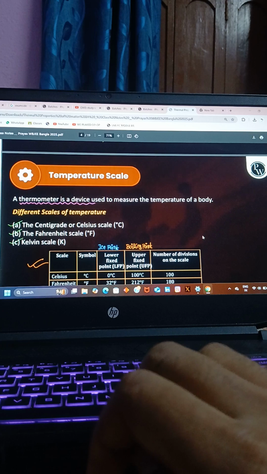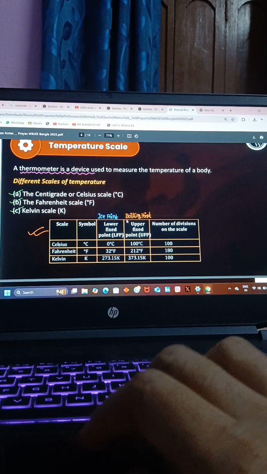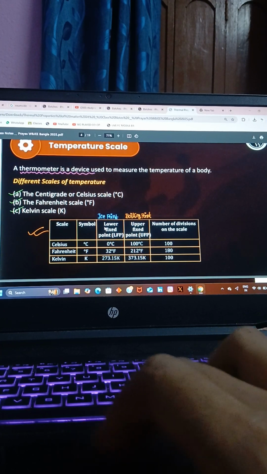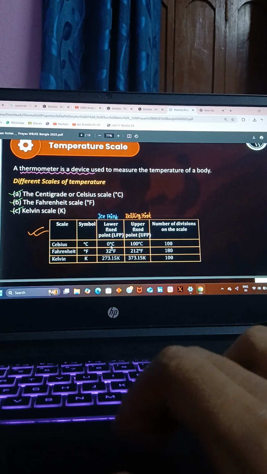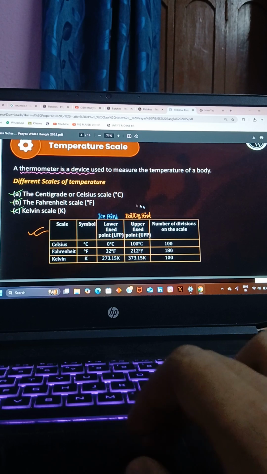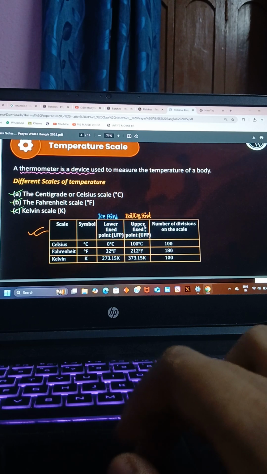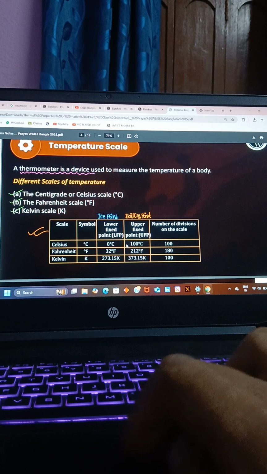Temperature scales are given in the diagram. The ice point of Celsius is 0 degrees Celsius, and the boiling point on the Celsius scale is 100 degrees Celsius.